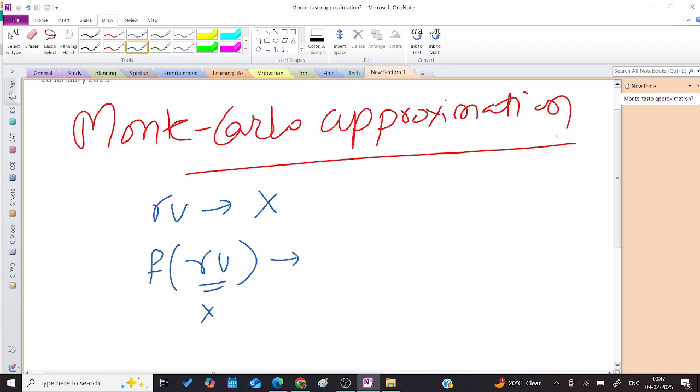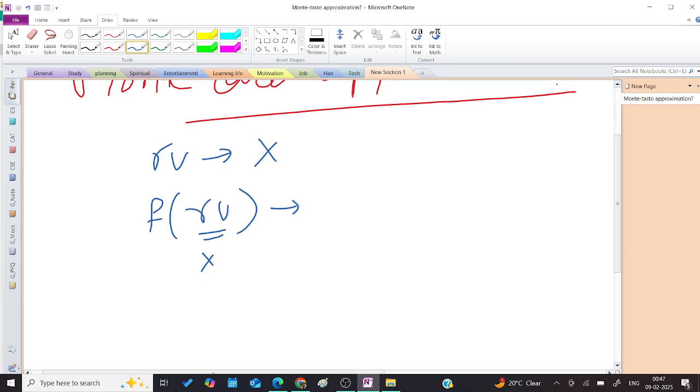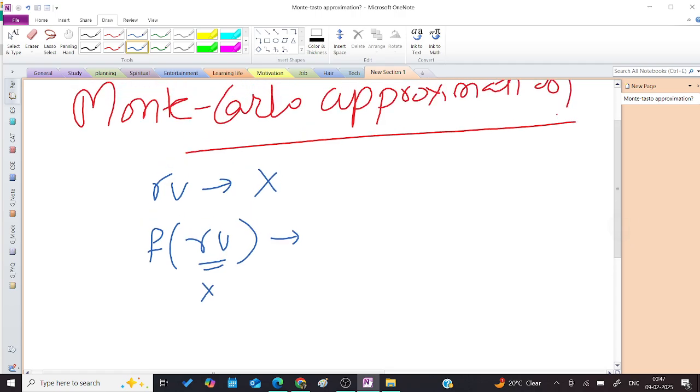So we have just learned that we can do this, but there is another way where we can do this easily, and this is why Monte Carlo approximation.